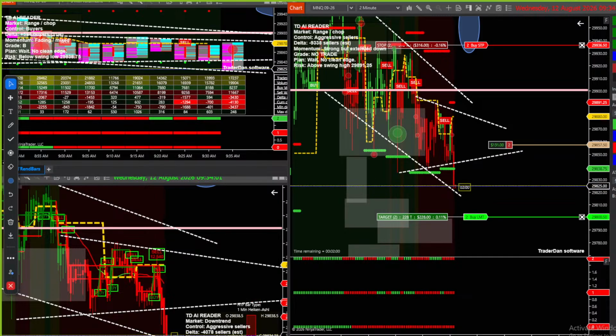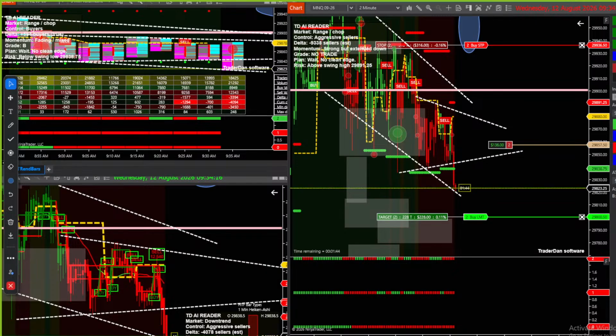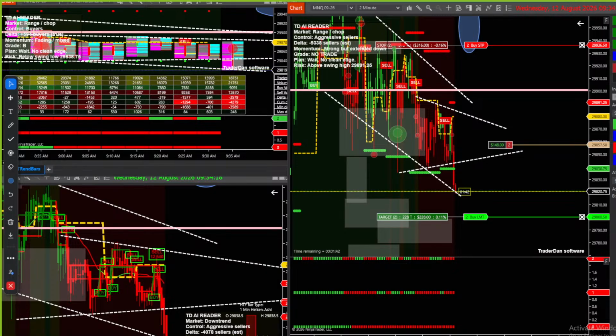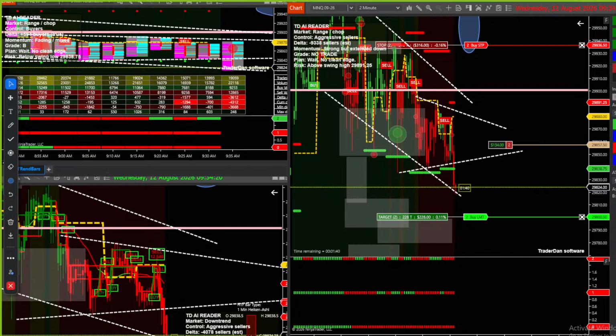It's going. Trend line liquidity going to come in here. We're going to get one more sweep. One more. Come on. All the way down to the data wick.